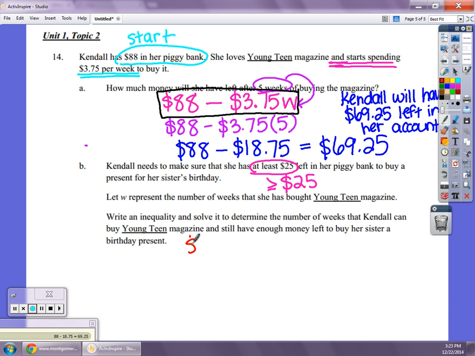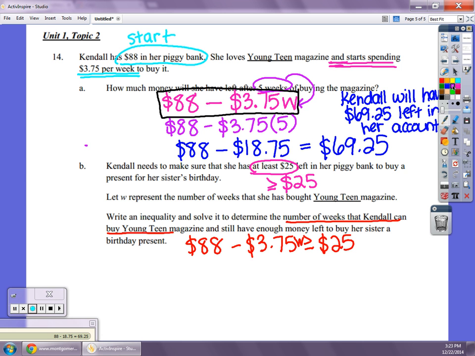We have $88 minus $3.75 per week, and she needs at least $25 in her account. Okay. So we're going to solve our inequality to determine the number of weeks that Kendall can buy Young Teen Magazine before she does not have enough money to buy her sister a birthday present. Oh, I forgot my W. Okay, so let's solve that.